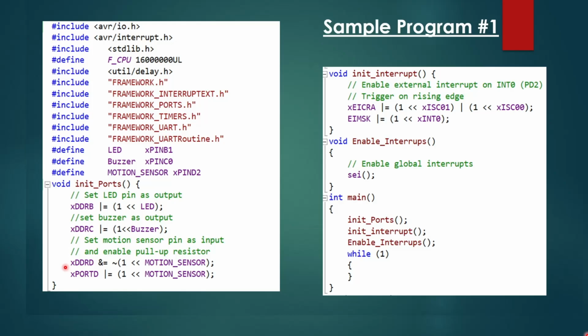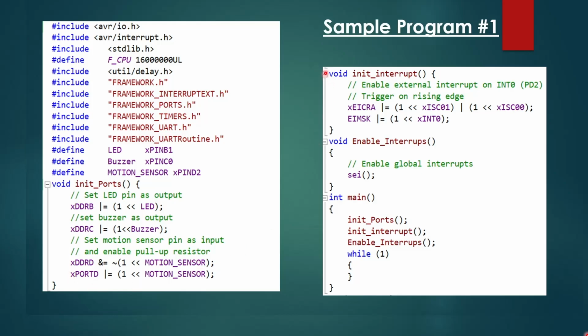And then finally, we enable the port D to be input. That's how we're going to get a signal when there is motion detection. And then we also implement a pull-up resistor, so we know the state of that port at all times.